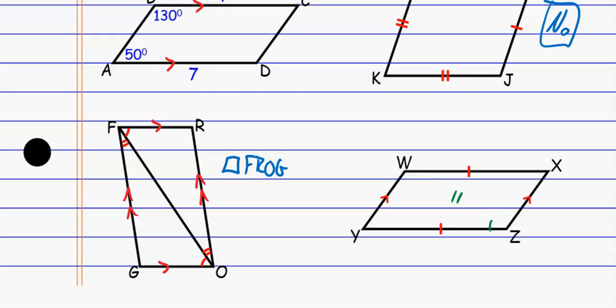So I could maybe prove this to be a parallelogram through a proof of some sort, but I don't have it right away. Okay. And so this one, I'm going to say not enough information for now. So I'm just going to say no, because I can't justify it with one of the things that I have, okay? Maybe I could go through a proof to come up with it, but I can't justify it using the things that we've discussed so far, okay?